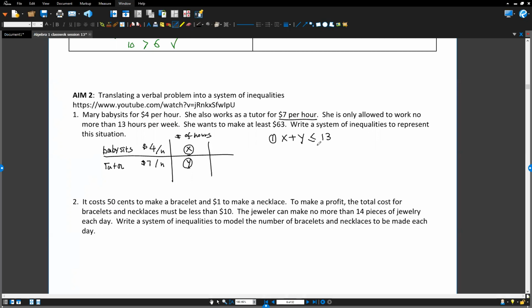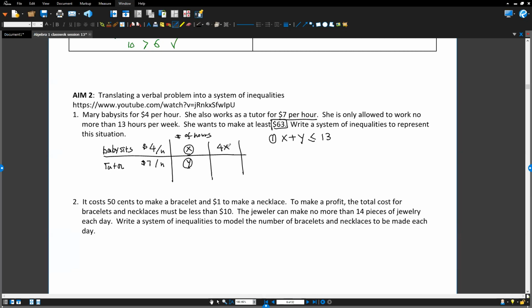The next one: she wants to make at least $63. This is the total amount. Babysitting is $4 for x hours, so 4 times x is 4x.